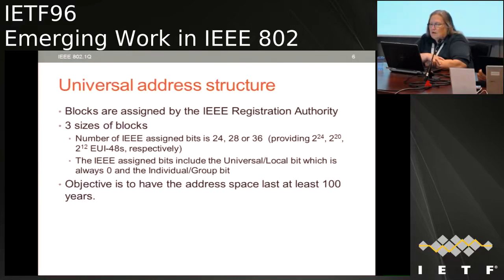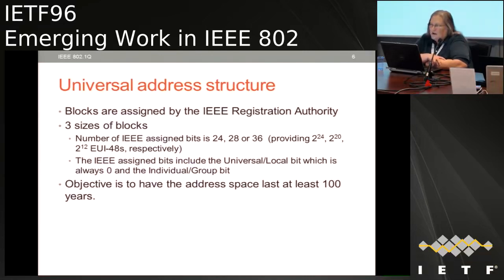The universal addresses are handed out in blocks by the IEEE Registration Authority. There are three sizes of blocks, the most common being the 2 to the 24th address block. The first 24 bits of the address are defined by the value given by IEEE.